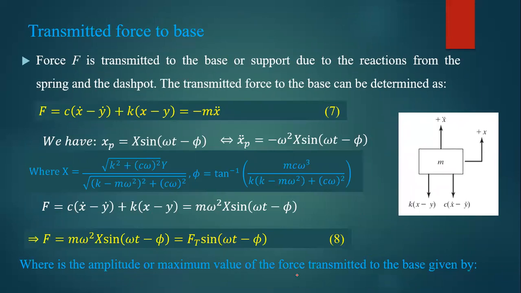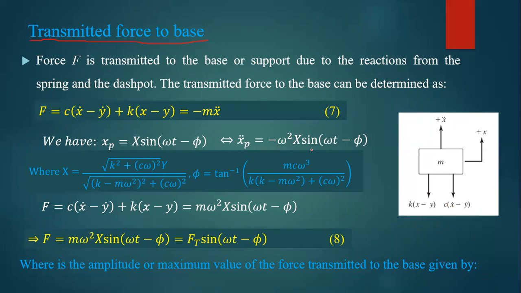Okay, so now let's see the force transmissibility. Previously, what we have seen is the displacement transmissibility, or TD. Now, how can we check the amount of force transmitted to the structure? Force F is transmitted to the base or support due to reaction from the spring and the damper.